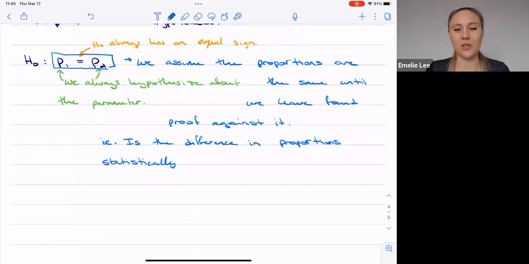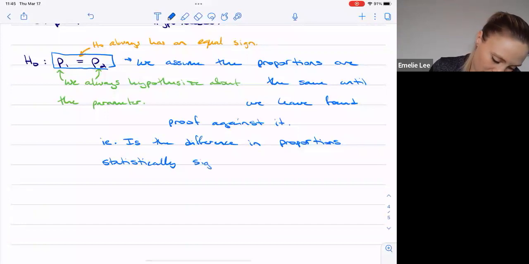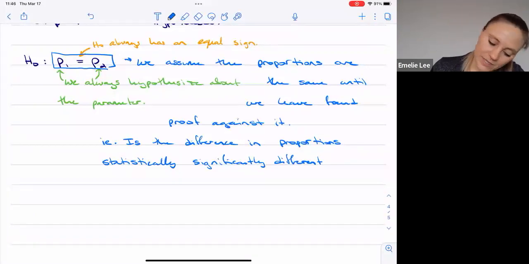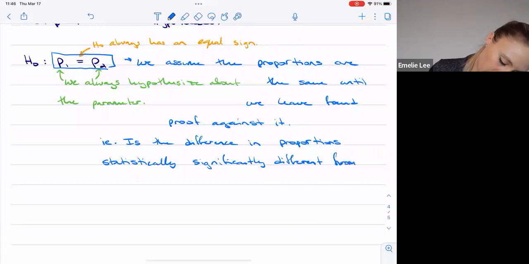You don't need to say that, but it emphasizes the point. Different from what? Is P1 different from P2? If they're basically the same, then the difference of them would be 0. Remember, we're talking about the difference. So, different from 0.